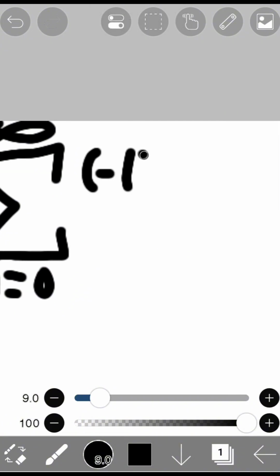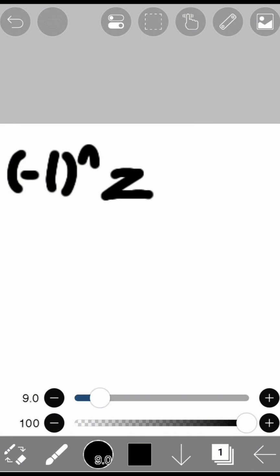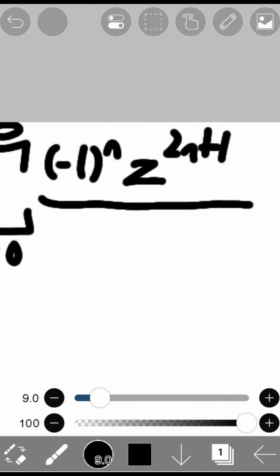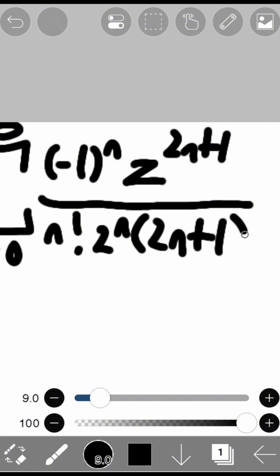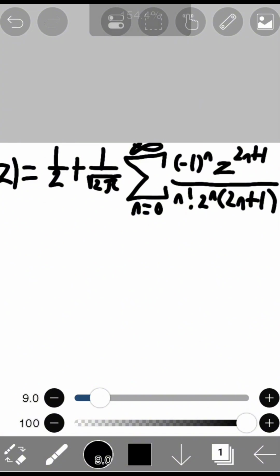So we have negative 1 raised to the power of n, and then times our z score all raised to the power of 2n plus 1 all over n factorial times 2 raised to the power of n times 2n plus 1. Okay, so this is the formula that we need.